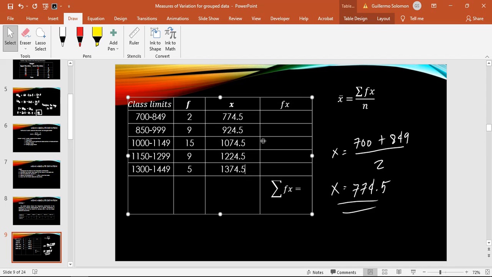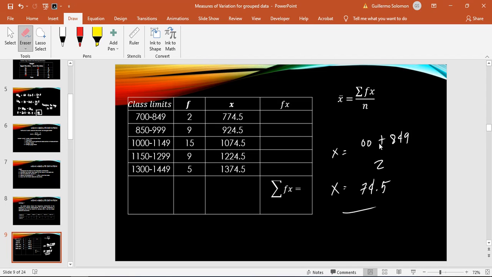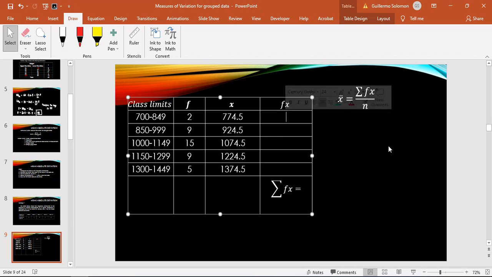Okay, so after we get the class midpoint ng lahat ng class limit natin, that is represented by x. Ngayon, proceed na natin dito si frequency multiplied by the class mark, or f multiplied by x.